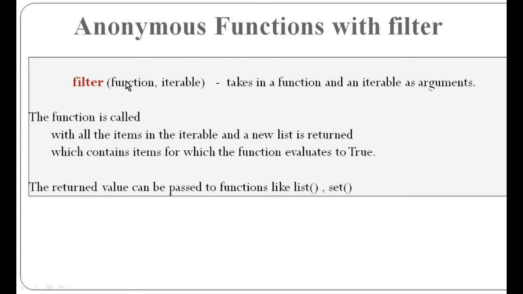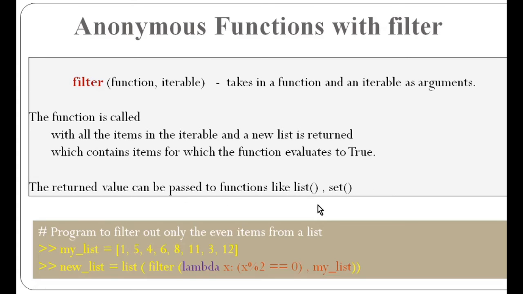That means the function will be evaluated for all the values in the iterable, and only those values which satisfy that function will be returned. And the returned value can be passed to functions like list or set.